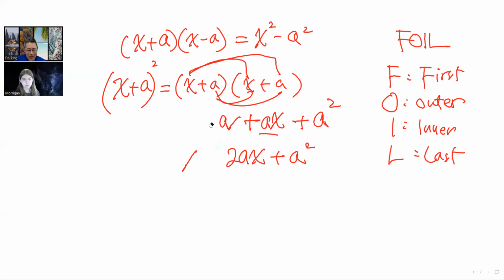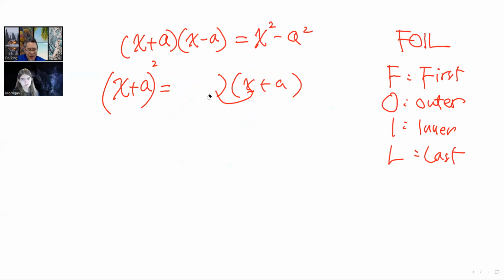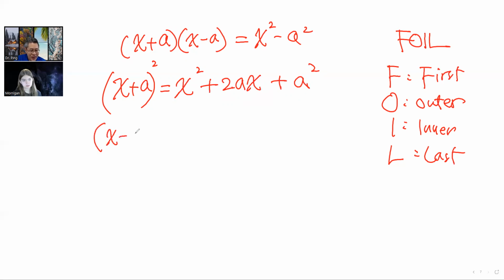So when we learn algebra, basically is to learn how to prove something is true. So x squared plus 2ax plus a squared. Of course, we also have x minus a squared. Now, there's two ways to prove it. One way is just notice that this is the same as x plus negative a squared.